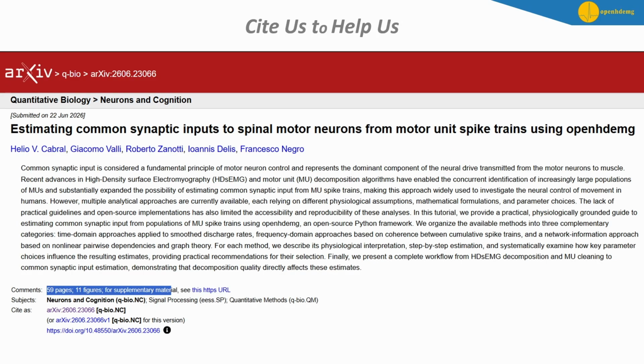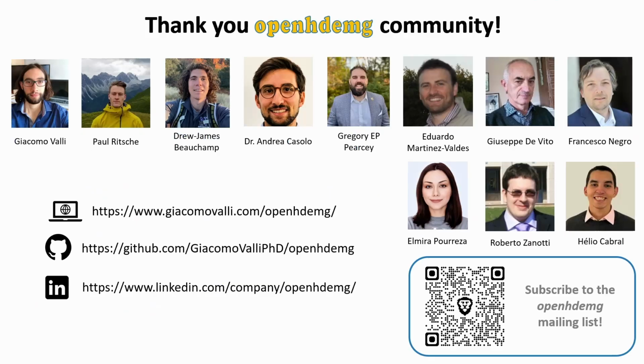And recently, a couple of days ago, we put this preprint out where we covered all what we covered in this workshop: estimating common synaptic inputs to spinal motor neurons from motor unit spike trains using openhdemg. There you have all the details, you have example codes in supplementary material, and that's it.